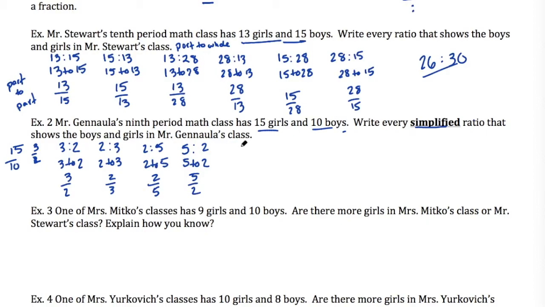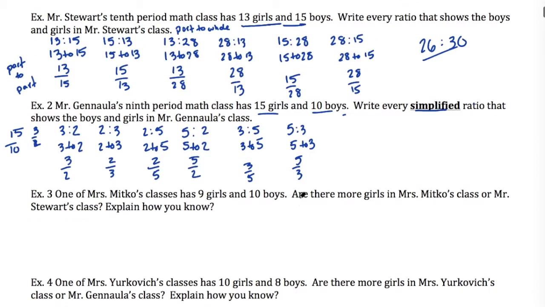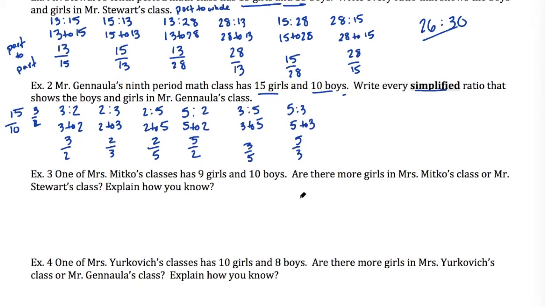And then we can go with 3 colon 5, 3 to 5, 3 over 5, and finally reversing that, 5 colon 3, 5 to 3, or 5 over 3. Great, so there's 18 more ways. These are simplified. We took the original numbers and brought them down to their lowest common numbers.